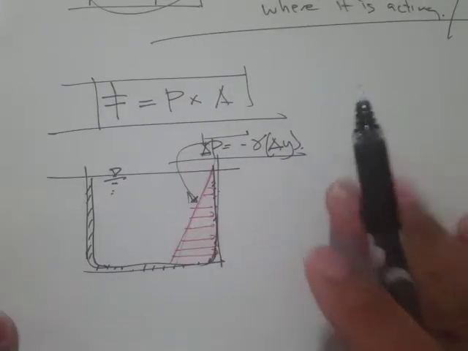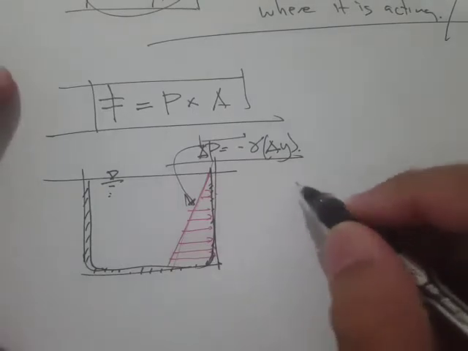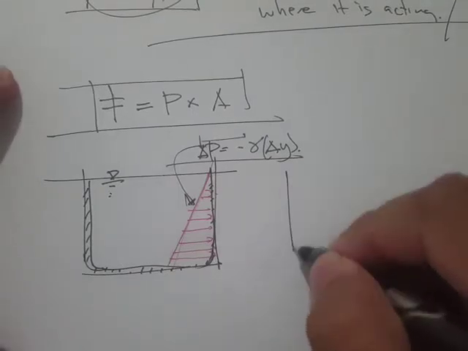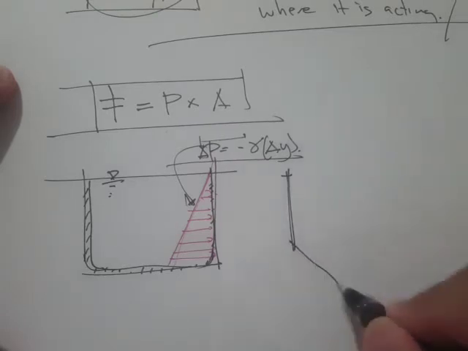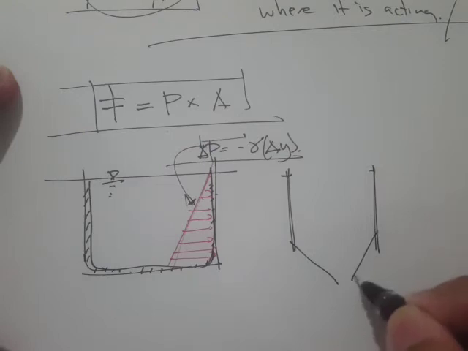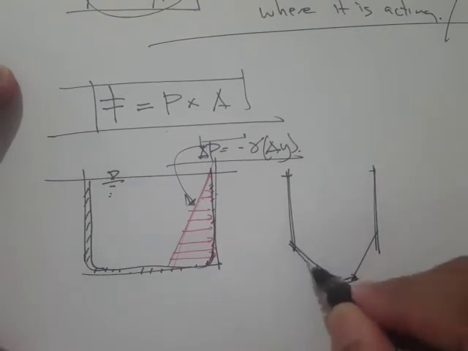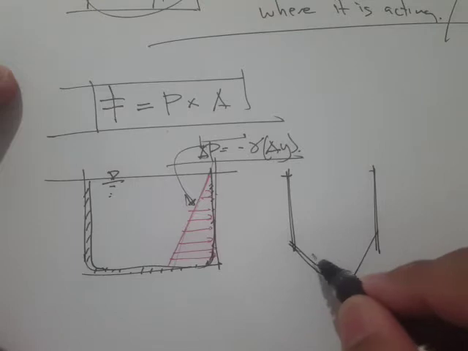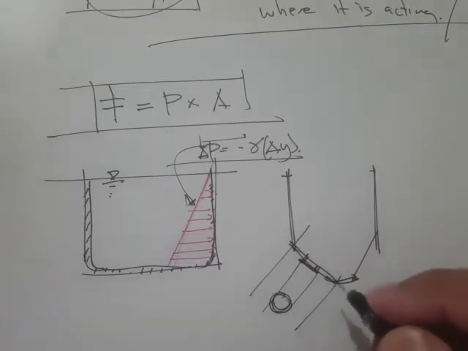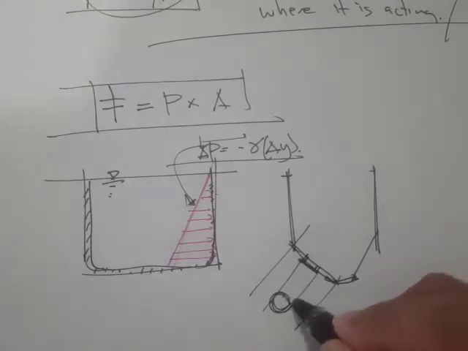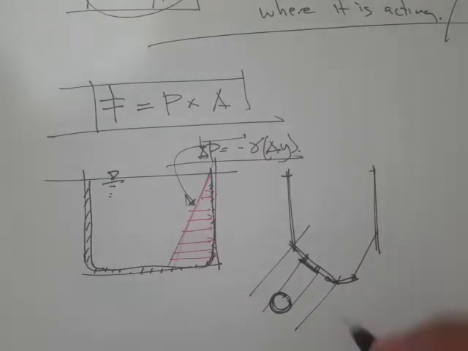And now let's try to draw another storage vessel, but we want to find the pressure profile in this viewing. Let's say we have a viewing glass here, or a blind flange, for example. And if we project this, this is actually a circular window.